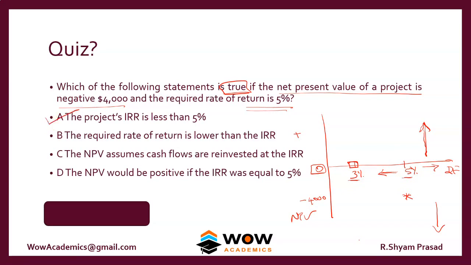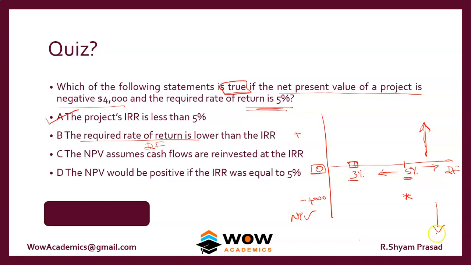The required rate of return is lower than the IRR. So he's asking, is the discount factor, the required rate of return, which we can also call the discount factor, lower than the IRR? Discount factor is 5%, which is higher.